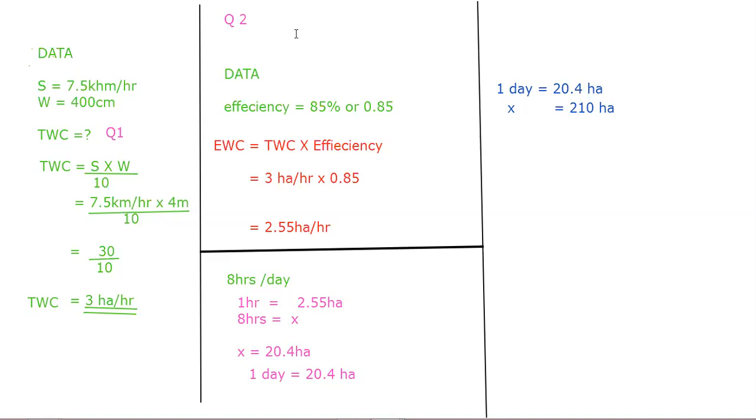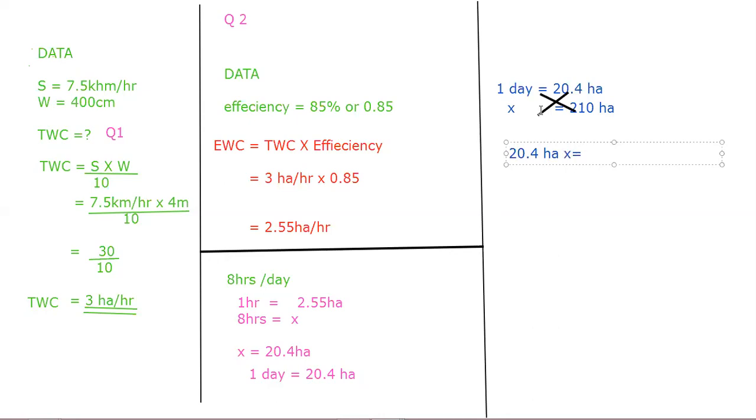When you cross multiply, you have 20.4 hectares times X.